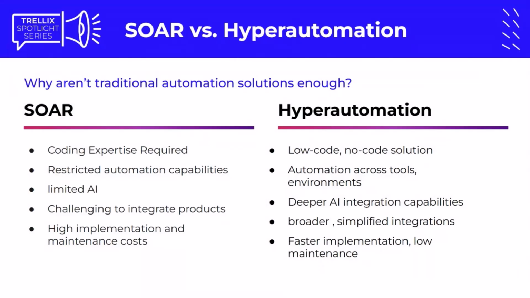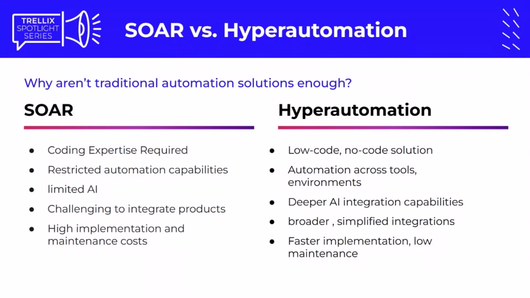That means you'll have to recruit and find somebody, build somebody into that expert level of coding, or temporarily hire somebody or use a service to do that. With hyperautomation, it's very much a low-code, no-code solution. Everything is UI driven, drag and drop. There's not a need for a lot of that specialized expertise in things like Python, for example.